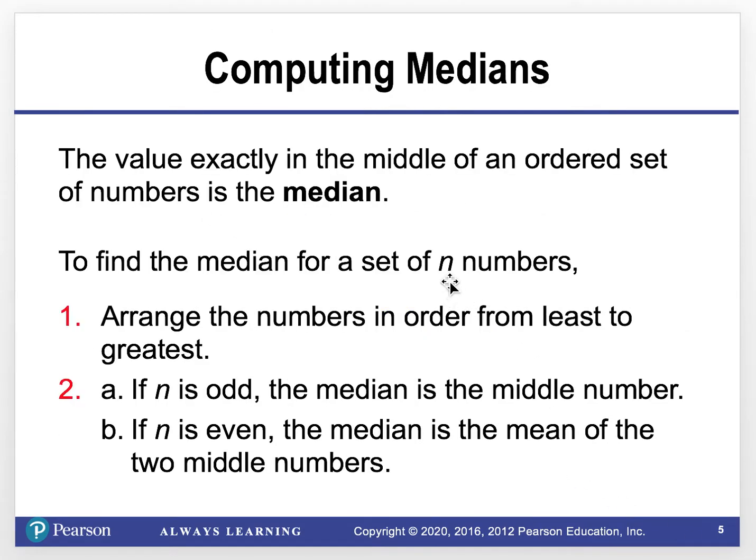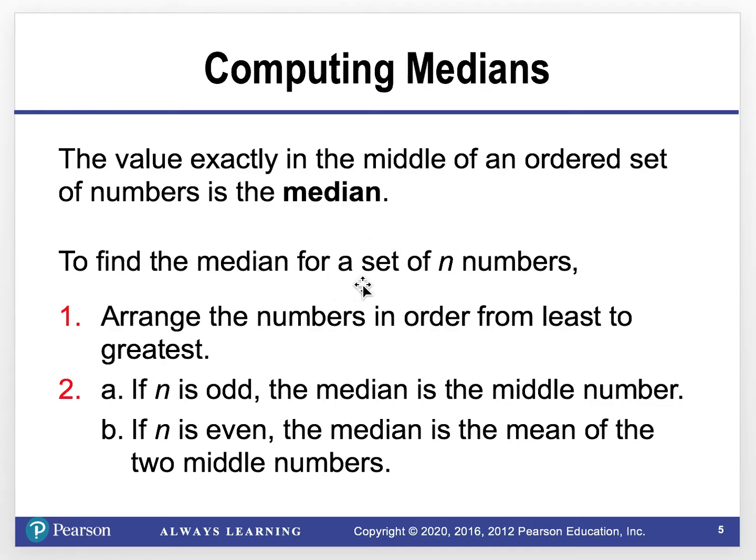The median, on the other hand, is the value in the middle of a set of data. So you're going to have the exact same number of data points on either side of the median. With the mean, you don't have the same number of points on either side, but the sum of their distances from that point is the same.